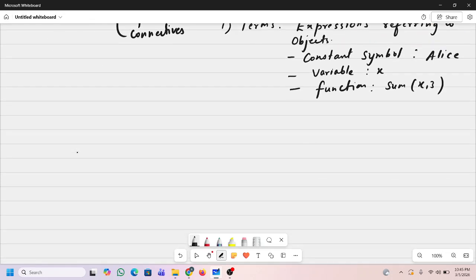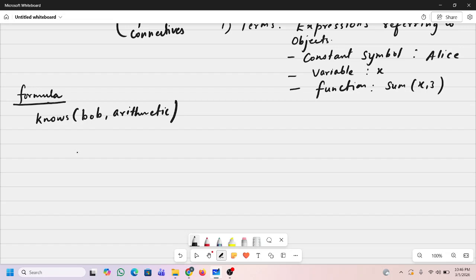Now seeing the next thing, that is formulas. It is something like this: knows(Bob, arithmetic). So a formula is a predicate that gets applied to terms.